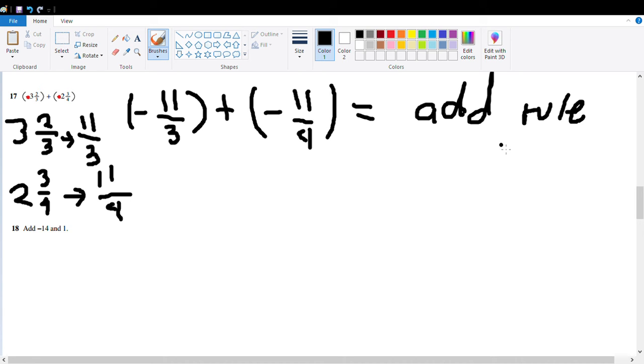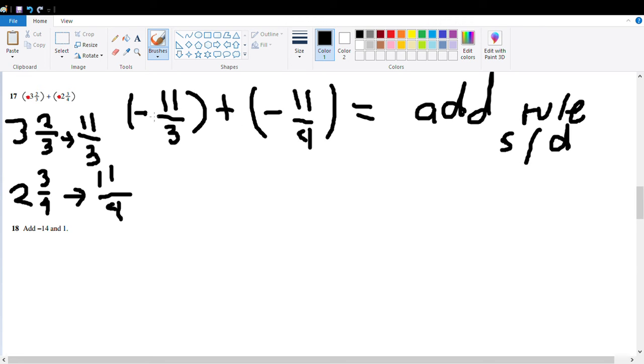Is this same or different? We'll just put S or D. Same or different signs.